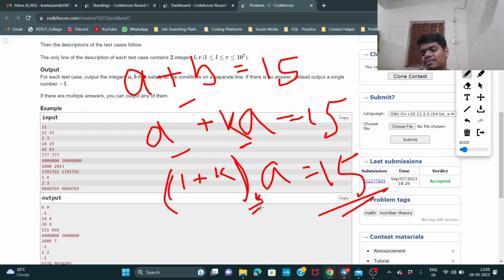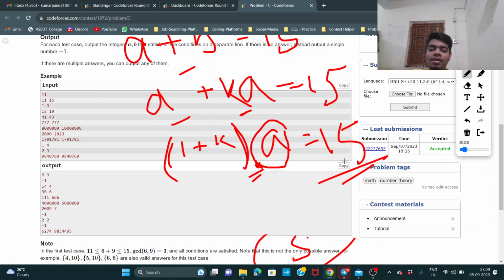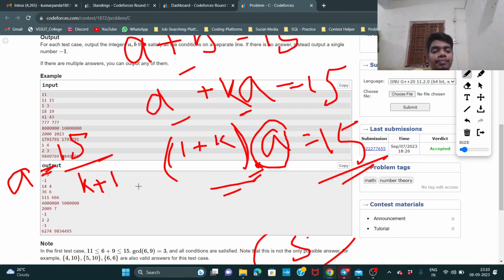Now I think it becomes easy, because the sum of these two numbers is 15. So that means I can say that A is equal to 15 by K plus 1, and 15 is divisible by K, because only if 15 is divisible by K will this condition be satisfied.